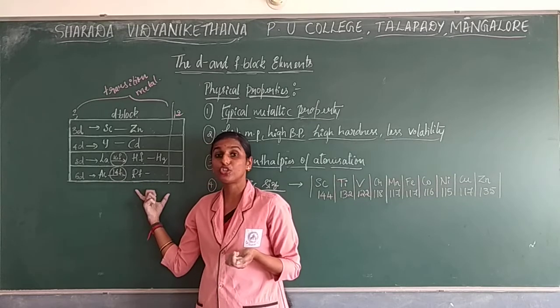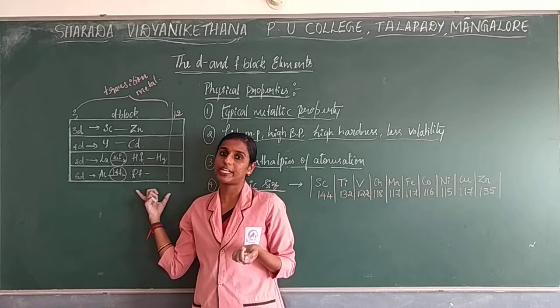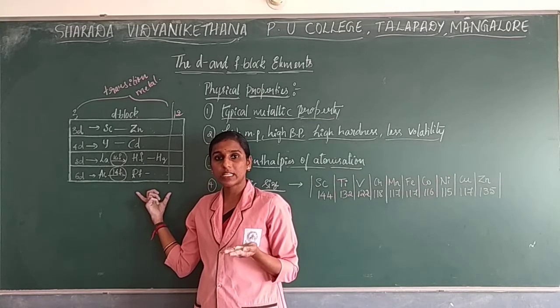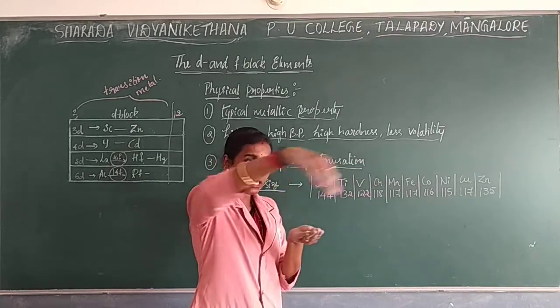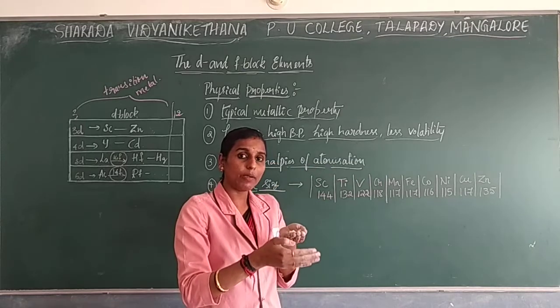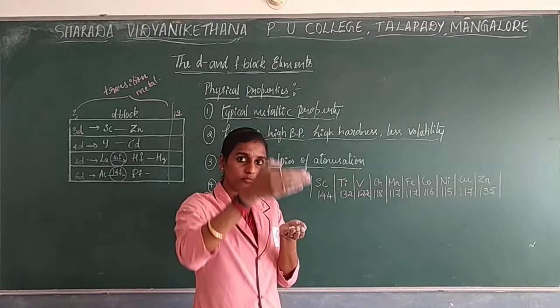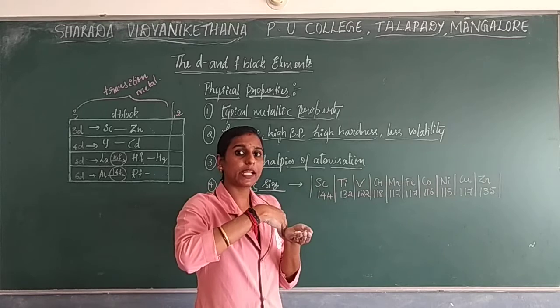You have to remember one more concept here. The d block shows imperfect shielding effect, or screening effect. What is meant by screening or shielding effect? The nucleus is there, with inner orbitals as well as outer orbitals present. The inner orbital forms a screen around the nucleus.